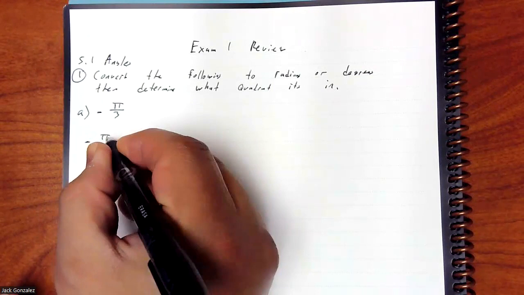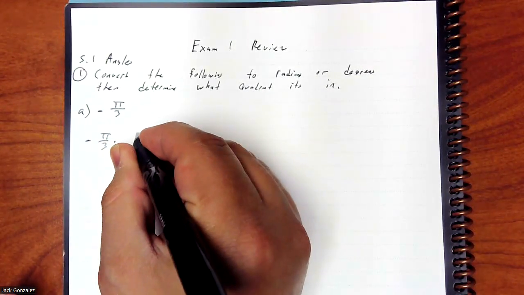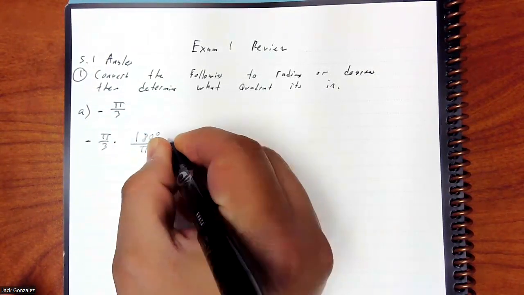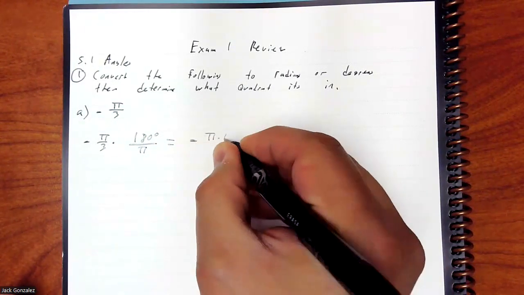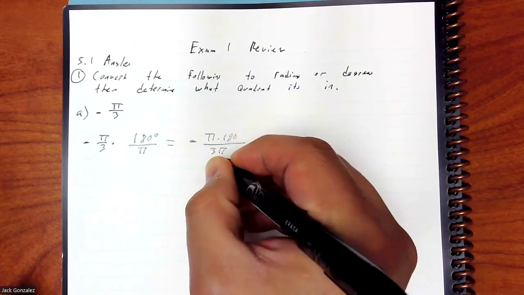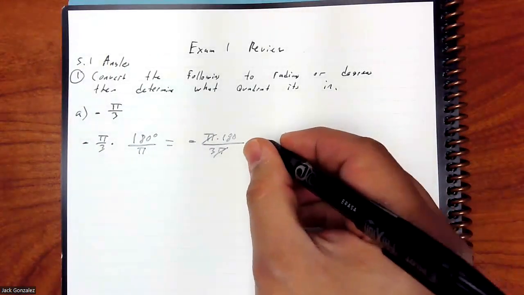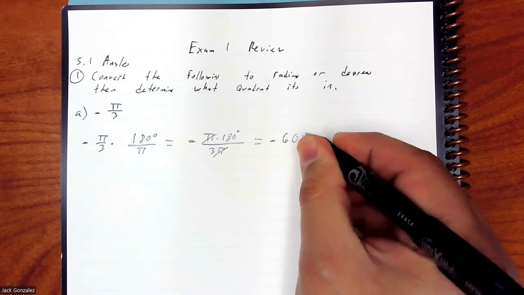So negative pi over 3 times the conversion factor of 180 degrees over pi. So that would become negative pi times 180 over 3 pi. Pi's cancel. 180 divided by 3 would be 60 degrees.